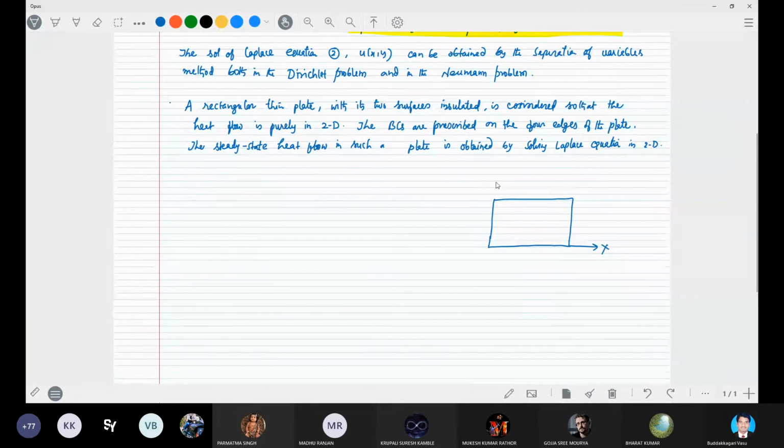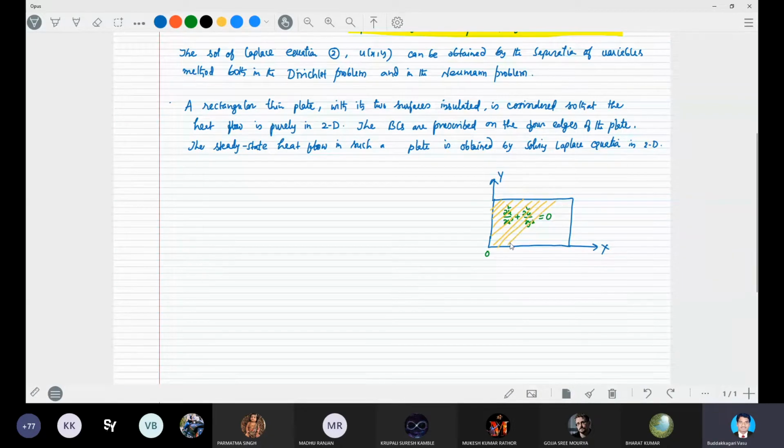The problem is described by the Laplace equation, which satisfies ∂²u/∂x² + ∂²u/∂y² = 0. This is the region of the problem, and this is the boundary of the problem.